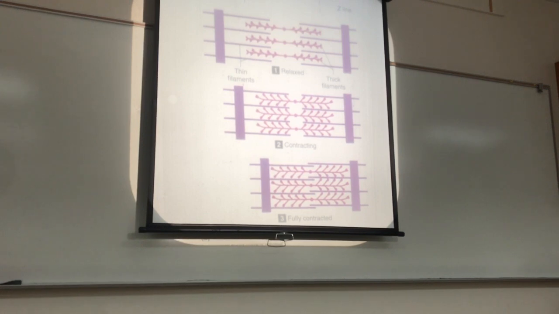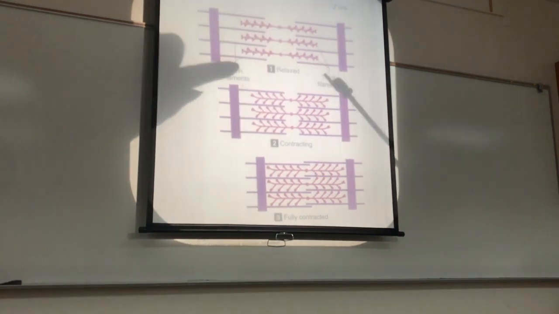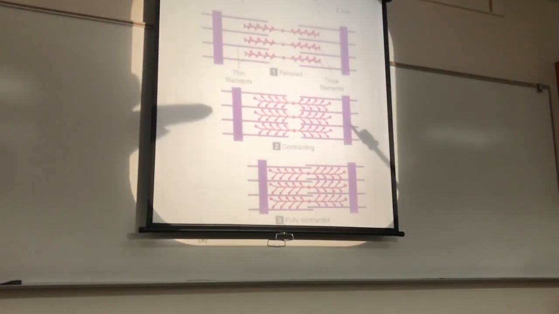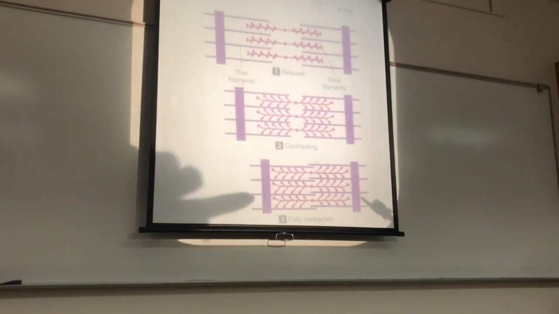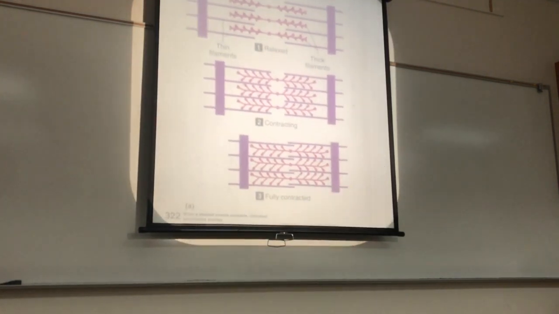When a muscle cell is contracting, the Z lines are going to be brought closer together. The length of the sarcomere is being shortened.